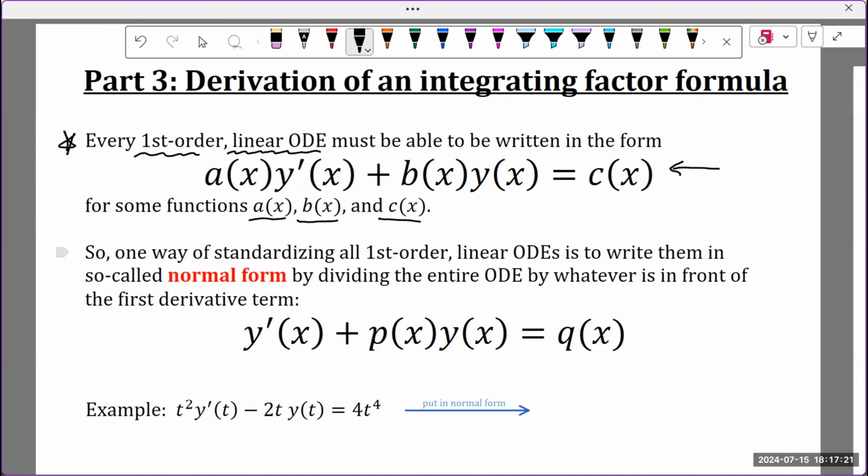One way to do that is to rewrite these equations in normal form so that the form of the equation you write will always be unique once you write it in normal form. So what we're doing is we're going to divide this entire equation through by the function a of x. Of course, a of x should not be 0. Think about it. If it were, then we wouldn't have a y prime term and we wouldn't have an ordinary differential equation.